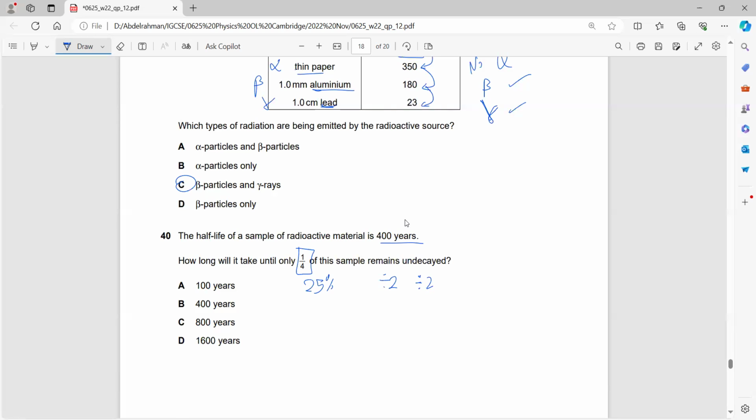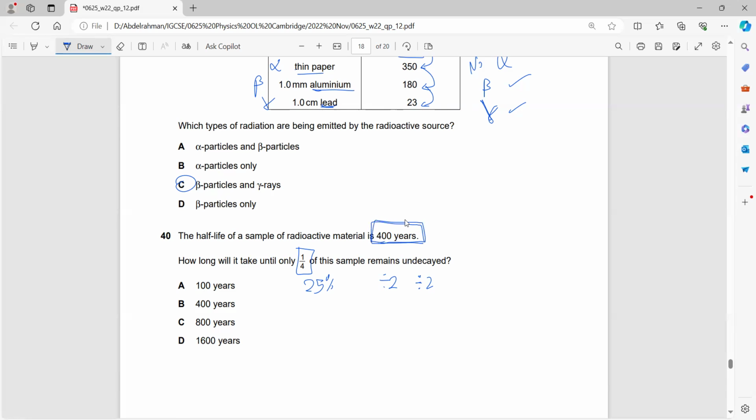Initially, for example, you had 100 milligrams. Divided by 2, it would be 50, and divided by 2 again, it would be 25. So this is a quarter of the sample. One half-life for this sample would take 400 years.